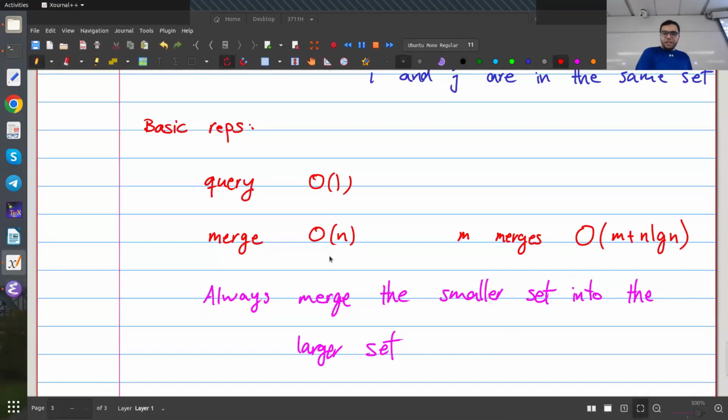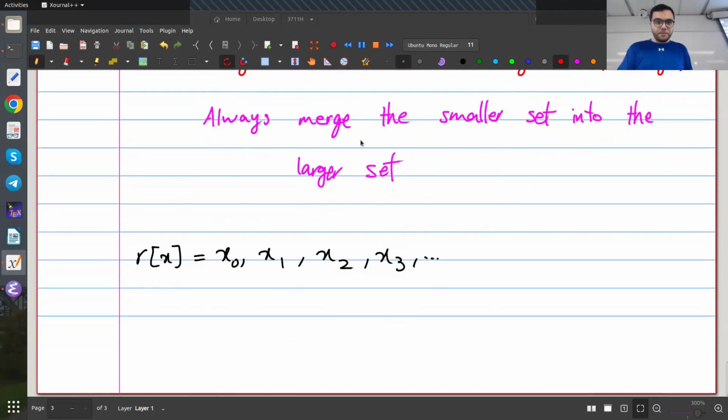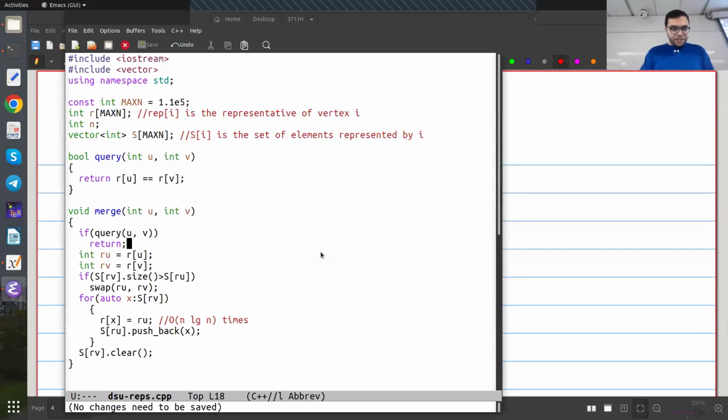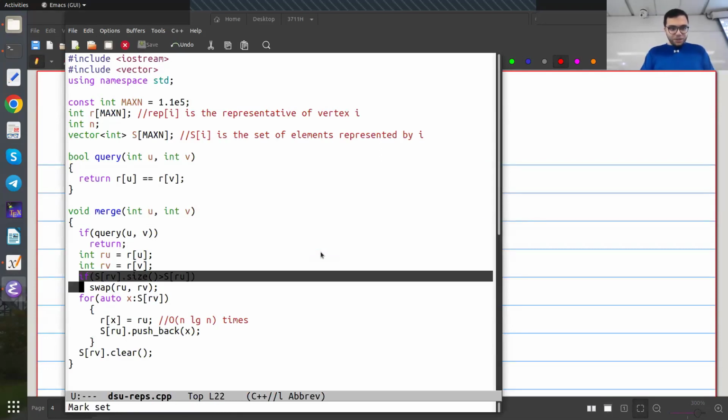So this is now much faster. And of course, if I have M operations overall, my runtime would also be M plus N log N because my query takes constant time. So as you see, a very small change, literally 2 lines of code, changes the runtime very dramatically.